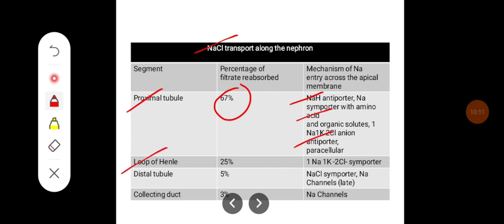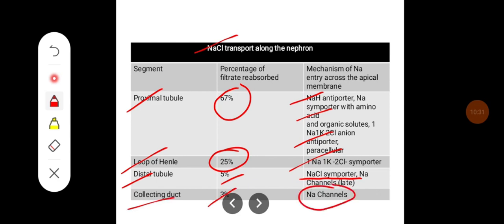And in the loop of Henle, almost 25% is reabsorbed. It is mainly through sodium potassium 2-chloride symporter, whereas in the distal tubule 5% is reabsorbed, mainly with sodium chloride symporter, and in the collecting duct 3% is reabsorbed. It is mainly through the epithelial sodium channels.